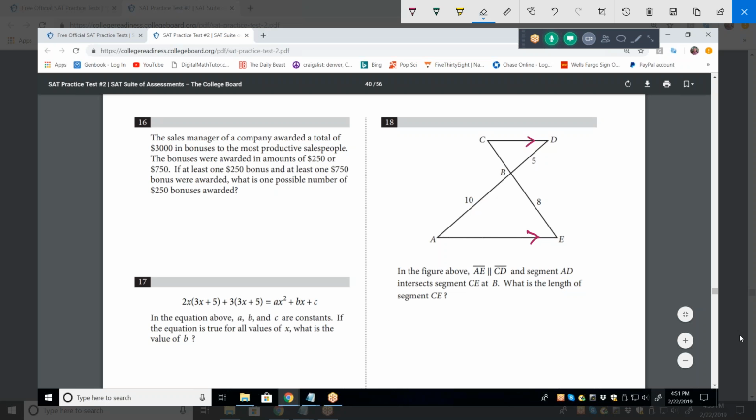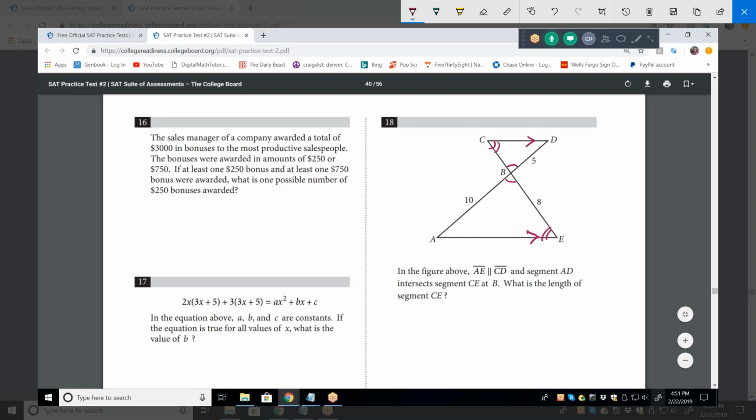Would they be similar triangles? Yeah, they're not congruent. Clearly, one is bigger than the other. But they're similar. Why are they similar? Because that angle is a vertical angle. Those are the same. Because they're parallel lines, that angle is the same as that.